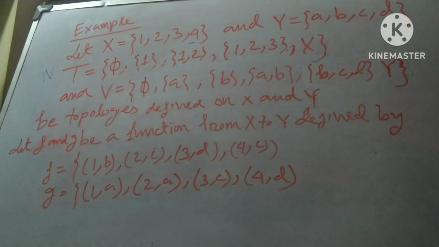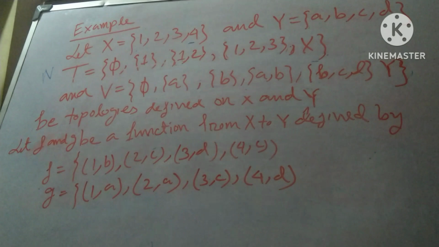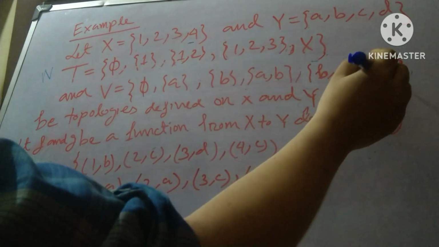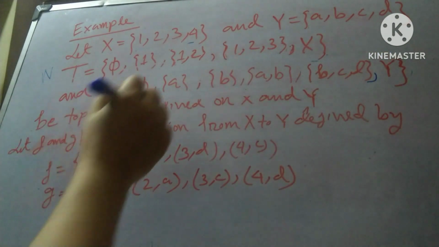Now friends, another question: let X equal {1, 2, 3, 4} and Y equal {a, b, c, d}, and T equals {phi, {1}, {1, 2, 3}, X} and V equals {phi, {a}, {b}, {b, c, d}, Y}.